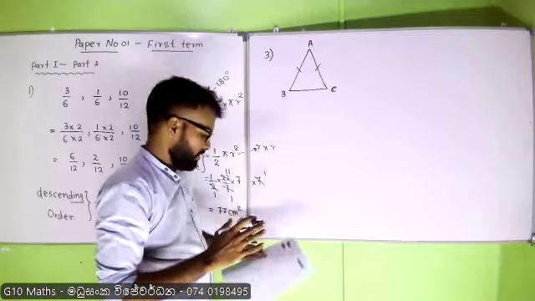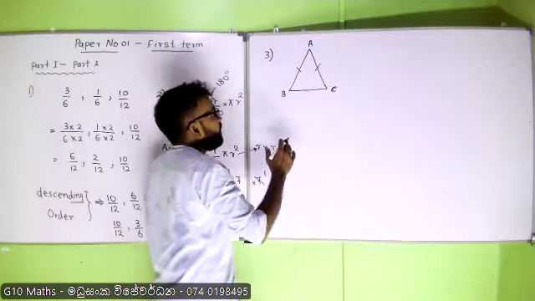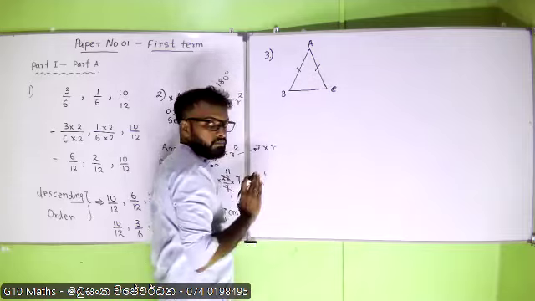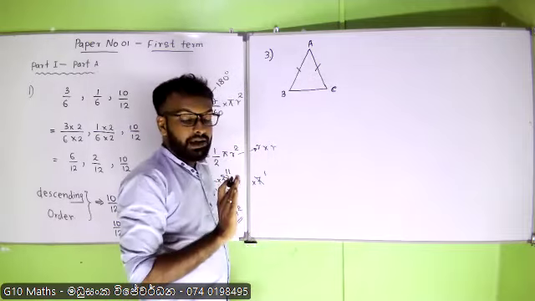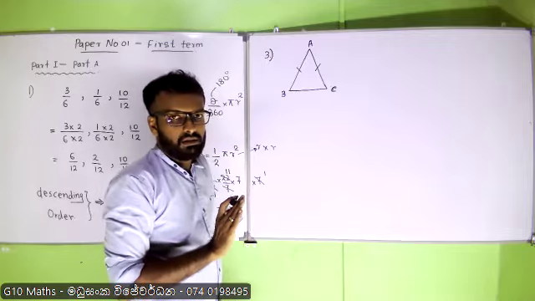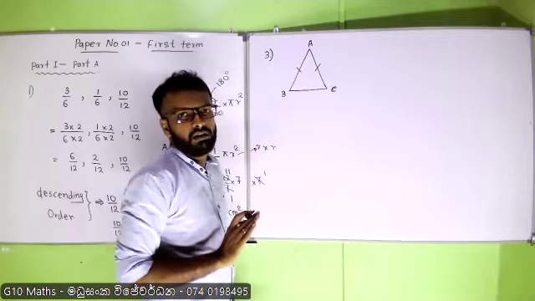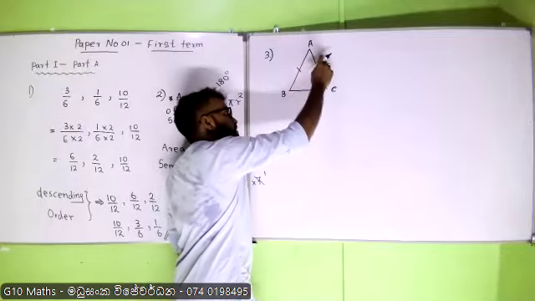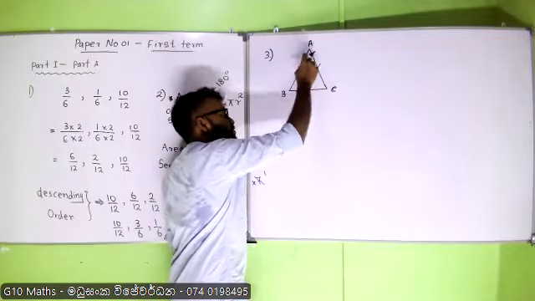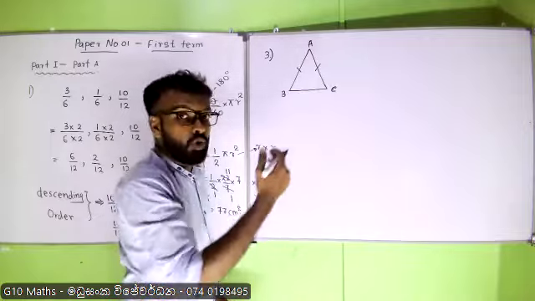Now you need to know that. There is an isosceles triangle called ABC. And what did I tell you earlier? Opposite angles to these equal sides are equal.